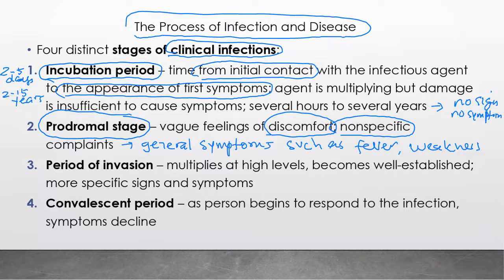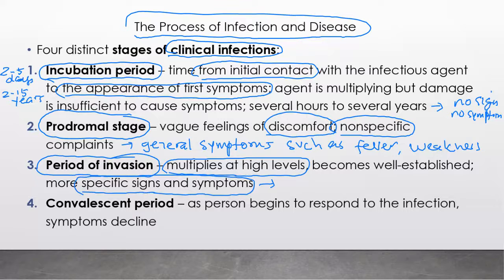After the prodromal stage, then there will be period of infection. This is the time when the organism actually multiplies at a high level. So they multiply so much, and then it will give the specific sign and symptom for that specific disease.